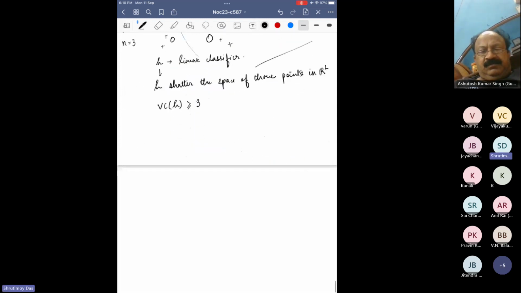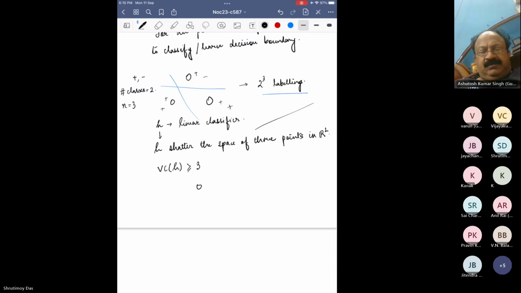But suppose we have four examples here. Suppose we have four examples, and so then we have 2 to the 4, that is 16 such labelings. Now suppose this is plus and this is minus.